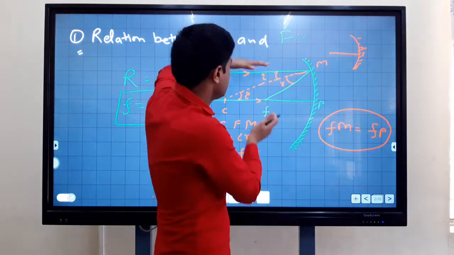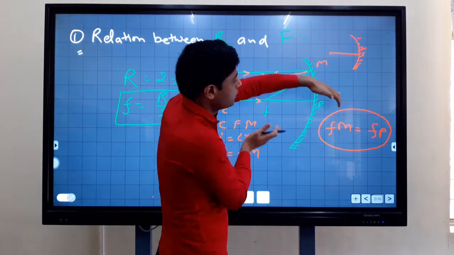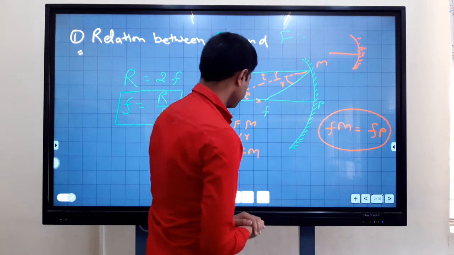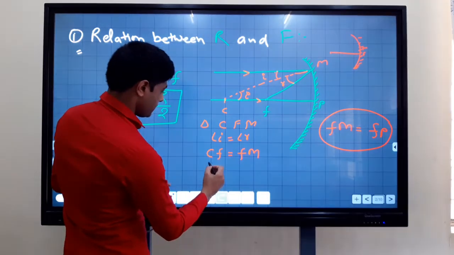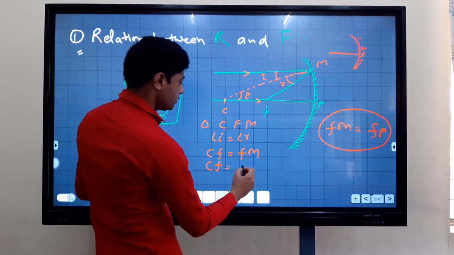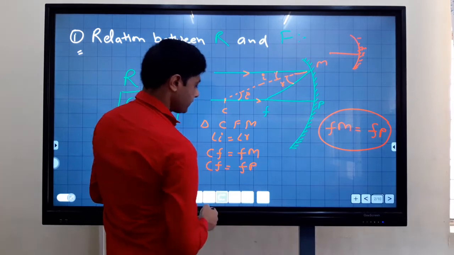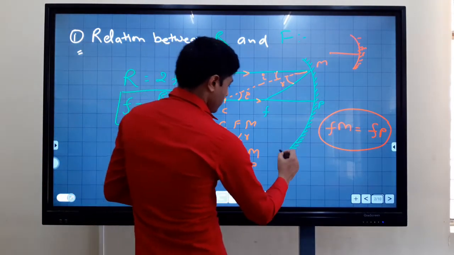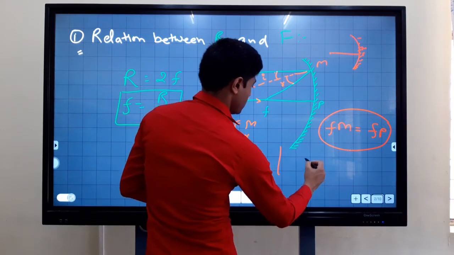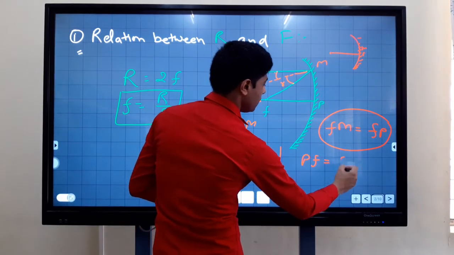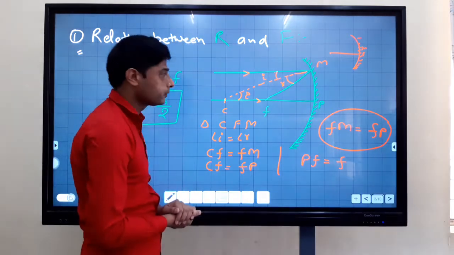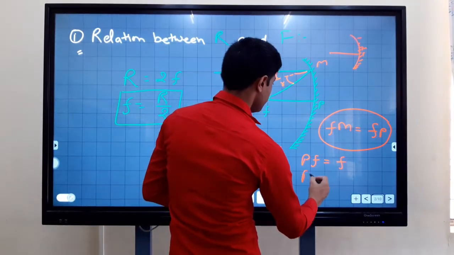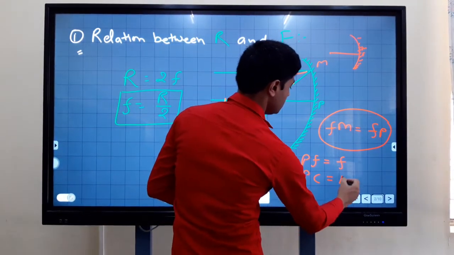It means the distance FM equal to FP, meaning CF equal to FP. Or as you know, PF equal to focal length and PC equal to R.